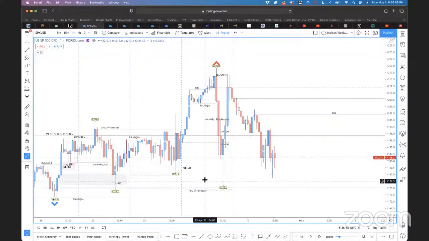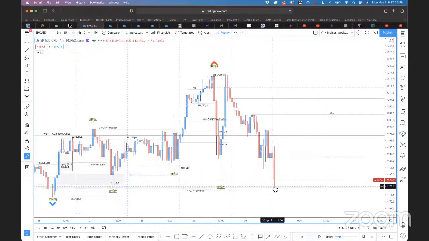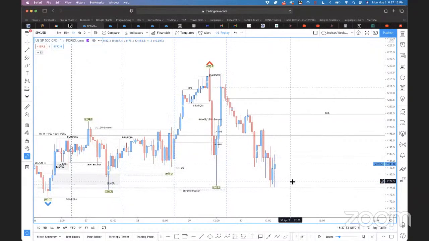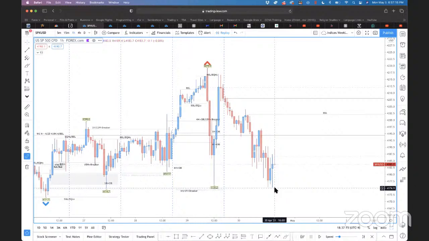He took half of the order block out on this candle right here. This actually would have been the best entry right here. You would have gone in some drawdown, but you didn't get stopped out. Actually, you might have got stopped out right there.